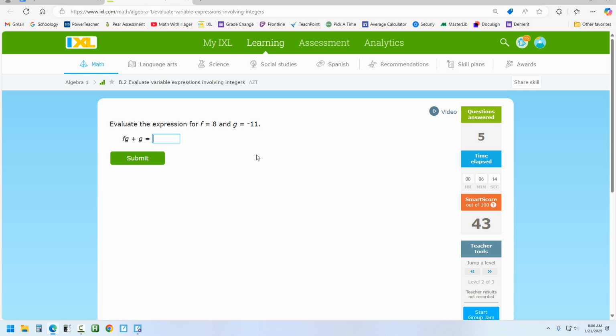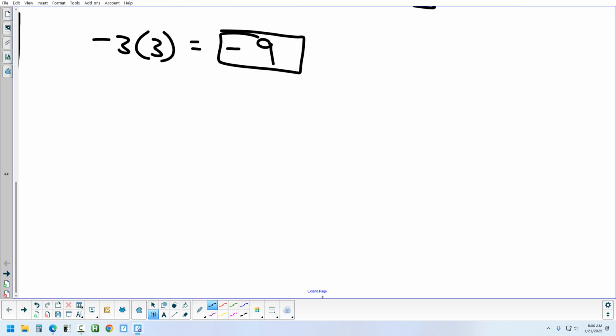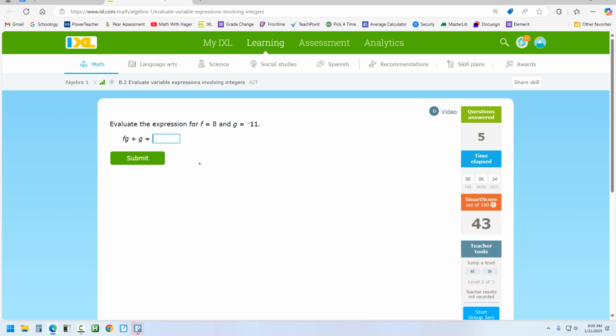So it says f times g plus g. If they give you two letters, they'll give you two numbers. So f is 8, g is negative 11.